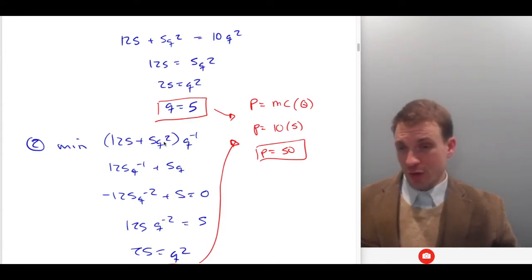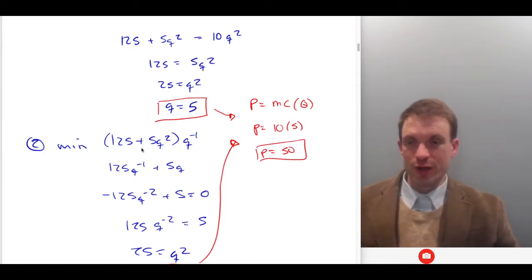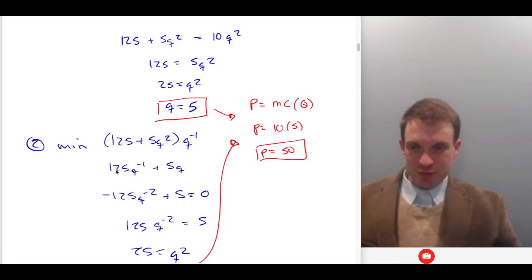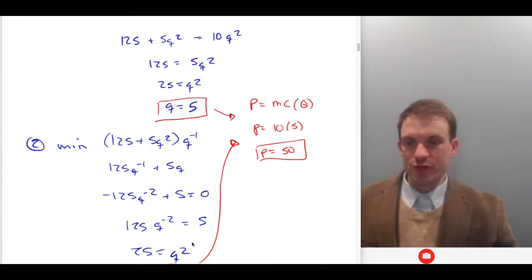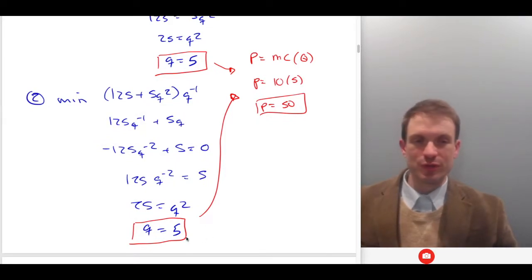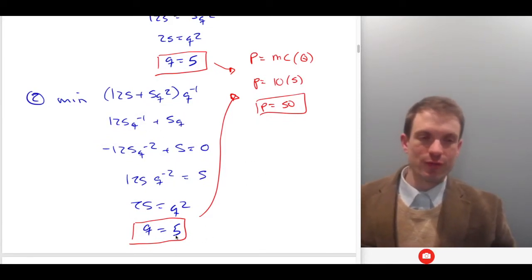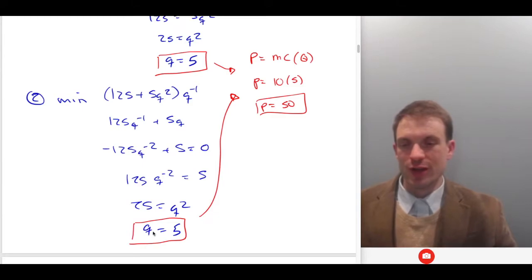So I'll go ahead and just follow through the work I'd started. So it's going to be 125 q to the minus 1 plus 5q, right? Taking the derivative, it's going to be minus 1 times 125 is minus 125 q to the minus 2 plus 5 equals 0. And then solving, again, we find q is equal to 5. You might have taken that derivative a little bit differently than I had, but you should end up with q is equal to 5.